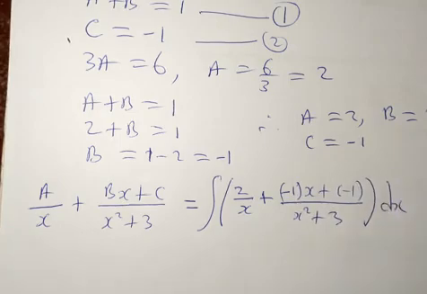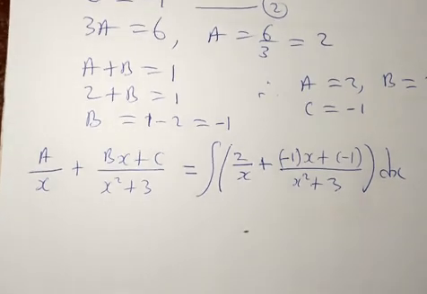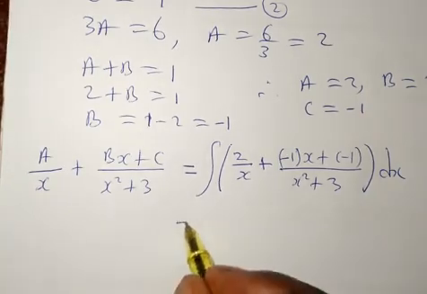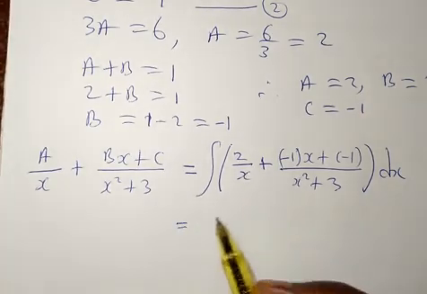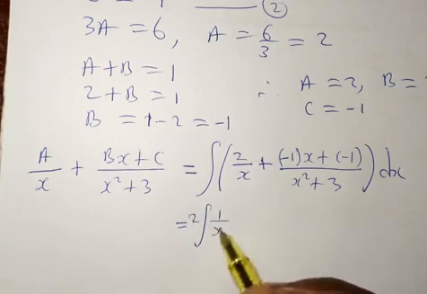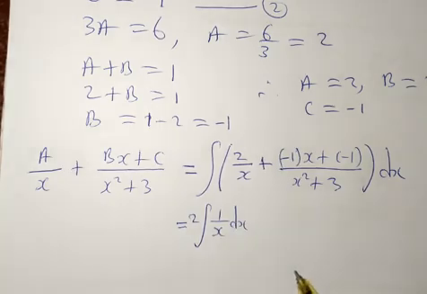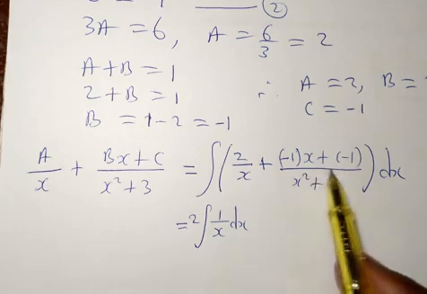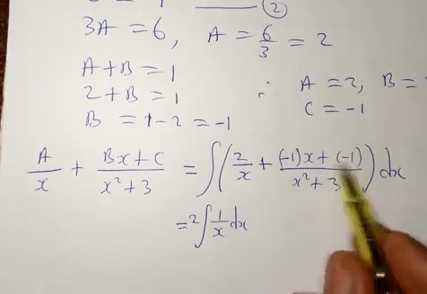Then we have minus 1 in bracket x plus, and then C also is minus 1, all over (x² + 3), close the bracket, dx. With this we can be able to integrate this equation now. Now to integrate this, finally, this is equal to the integral of 2 over x dx. Then this one, when you check, is the same thing as when you factor out the minus.